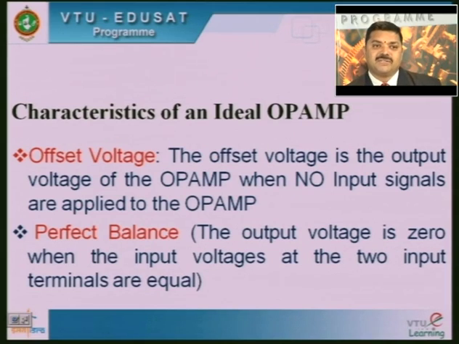Practically there will be some deviation. When equal input voltages are applied, we should get output voltage equal to 0, but we will not get that practically. That is a different issue, right. For an ideal op-amp, the output voltage is 0 when the input voltages at the two input terminals are equal.